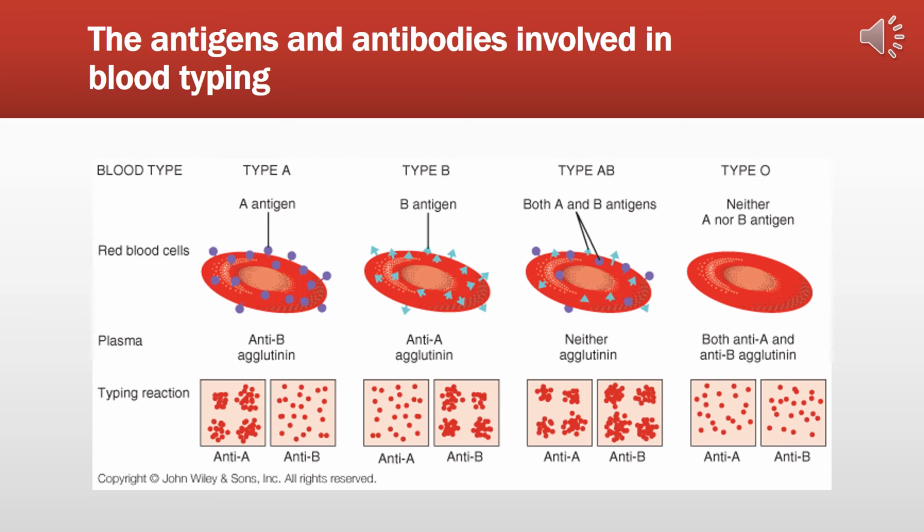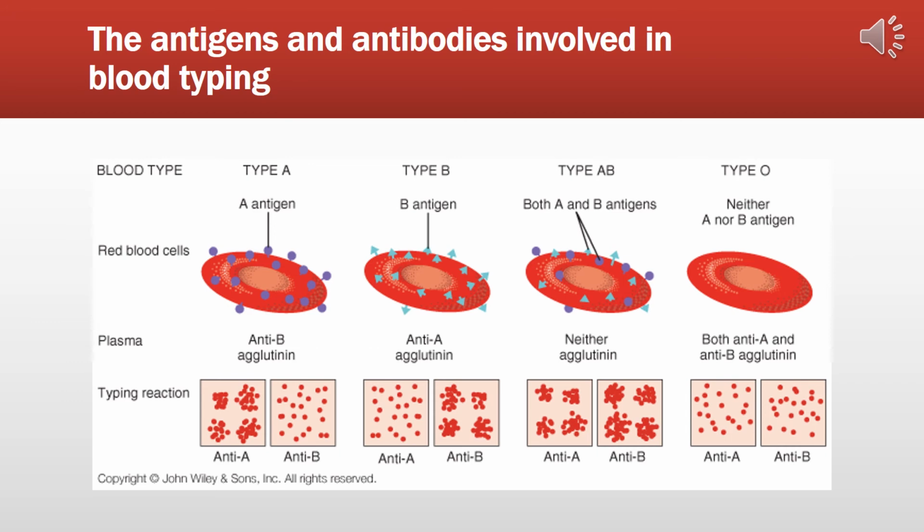And over here we have type AB, which expresses both the A and B antigens and produces neither of the agglutinins. We can tell this is AB type blood because the cells clump both when they're exposed to the anti-A and the anti-B.